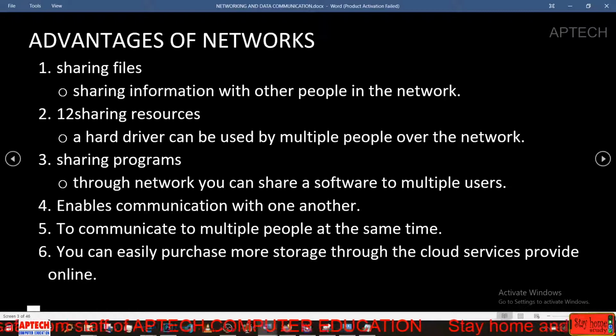Basically, in that particular drive, you're not the only one using it. You're sharing that particular hard drive. Even if it may look like your information is there, it is just tagged to you, but there are other people using it. Then sharing programs. The same way you're sharing YouTube to use it.